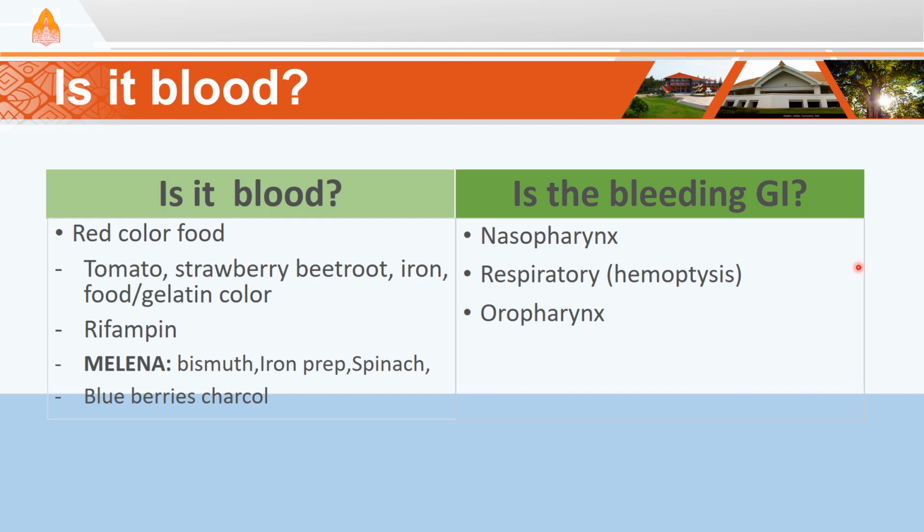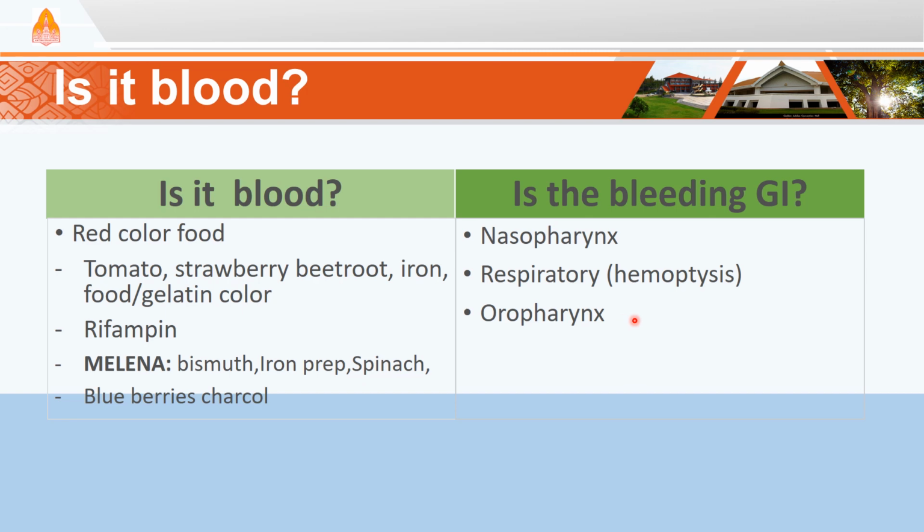Three important things also need to be looked into: the vomitus or the melena. Is it really coming from the gastrointestinal tract, or is it coming from the nasopharynx in the form of epistaxis or a nasopharyngeal mass? Is it hemoptysis, meaning blood coming from the lungs, or is it really coming from the stomach?